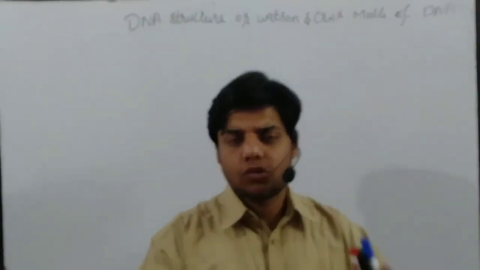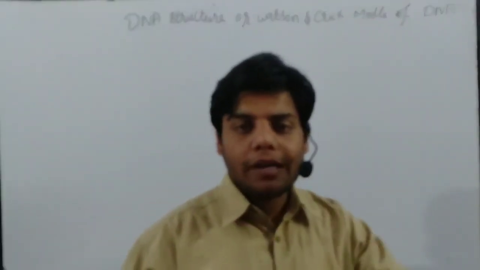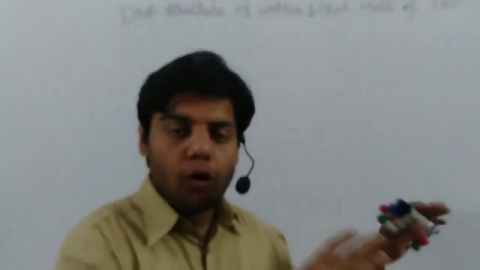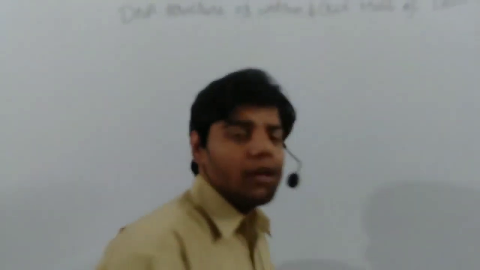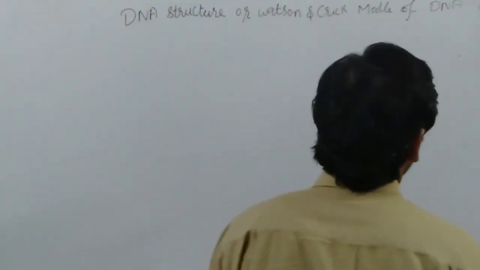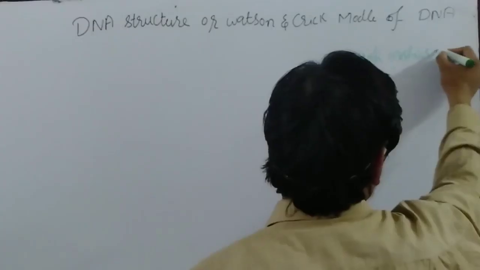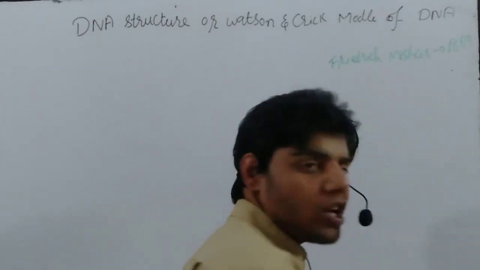Before explaining the structure of the DNA, how exactly the DNA will look, let me tell you the history of the DNA. DNA was first discovered by a scientist whose name was Friedrich Miescher, in 1869. He was a German chemist.